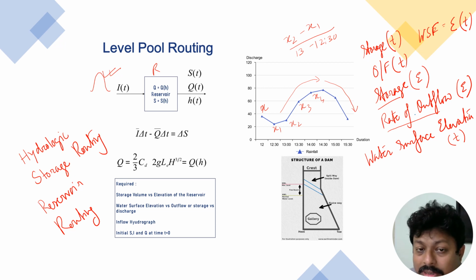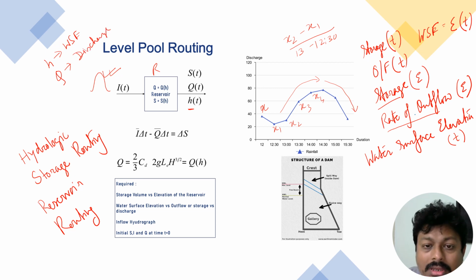Here the water surface elevation is represented by H. Q is very popular, as all of you know, the discharge, and S is also very popular, the storage of water in the reservoir.